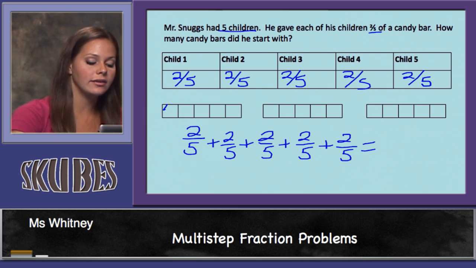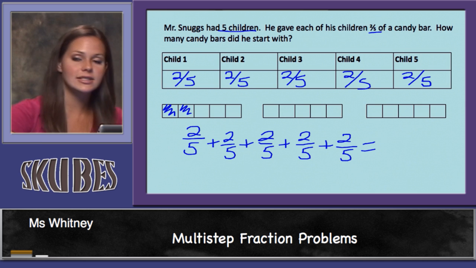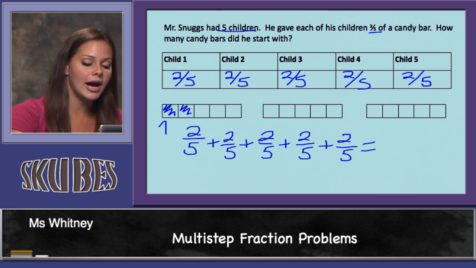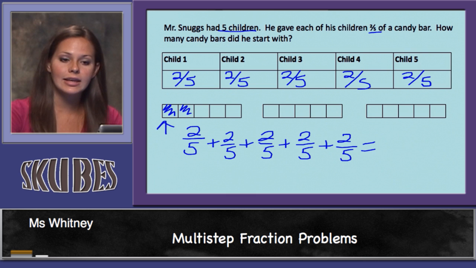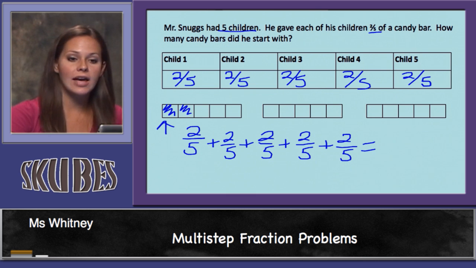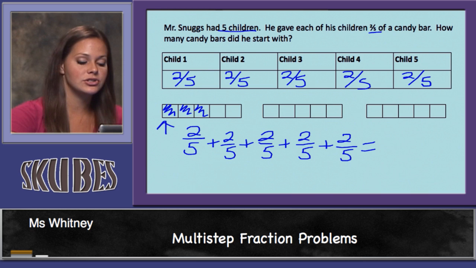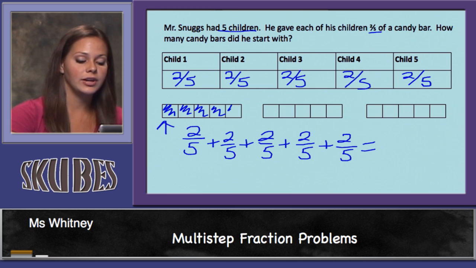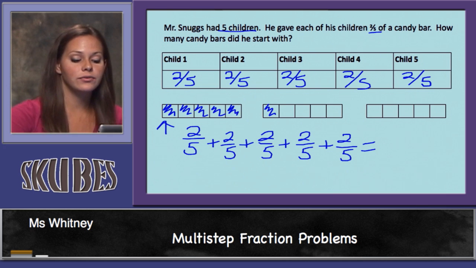So child 1 received 2/5 of the candy bar, and each of my models represents one candy bar, broken up into 5 equal pieces. Child 2 received 2/5 of a candy bar. Child 3 received 2/5. Child 4 received 2/5.